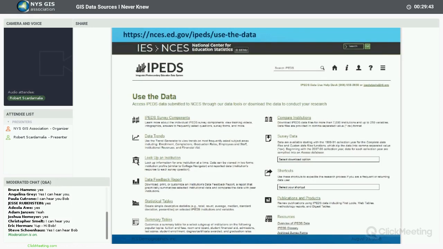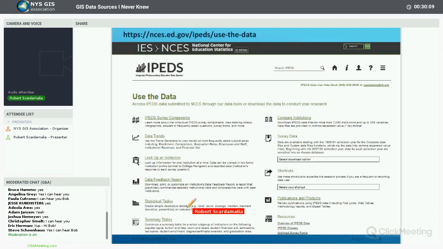Whenever you get into it every 6 months or a year, you have to relearn, and it's got a learning curve to it. But once you've established that, you can learn a lot about the various surveys that are available to you, analyze trends. If you want an individual institution, you can get very detailed enrollment and other characteristics about it. You can compare institutions.